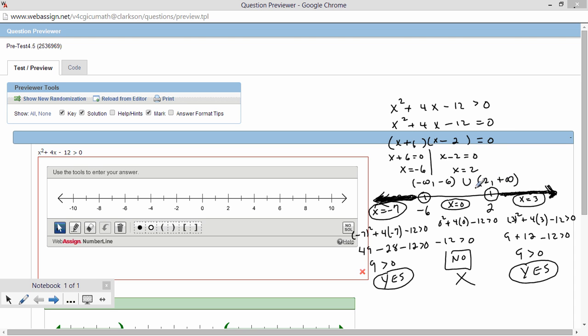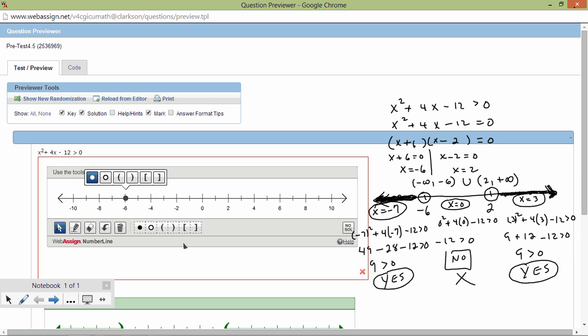Okay. Well, to answer this in WebAssign, what we've chosen to do is use the virtual tools. And so they give you a number line and they give you some items to work with underneath that number line. Okay. So I'm going to go to my pointer here, and I want to identify minus 6, and I want to identify it with an open circle in just the same way as I just did physically.